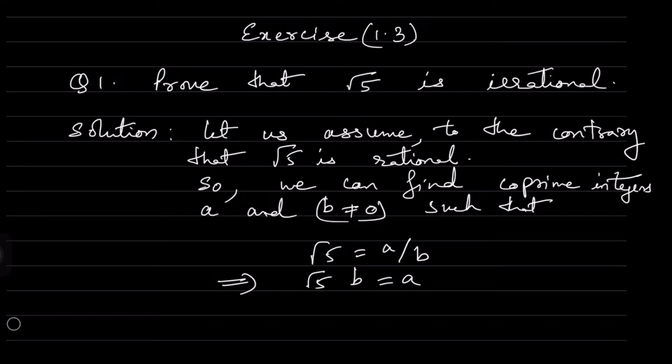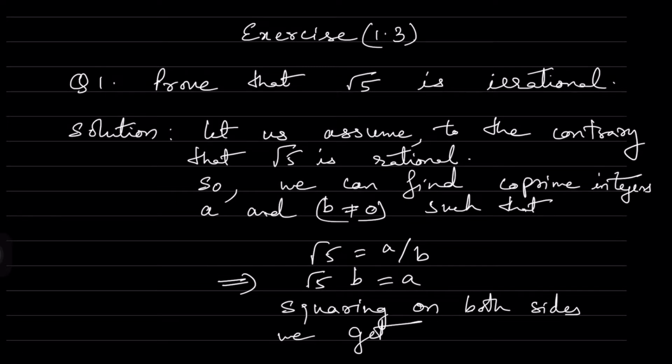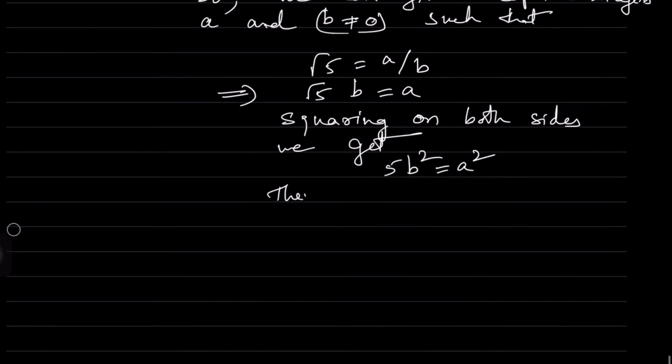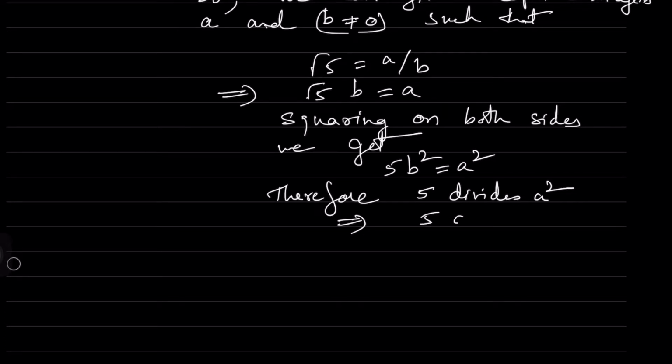Root 5 into b is equal to a, which implies if we square on both sides, we get 5b square is equal to a square. Therefore, 5 divides a square, and also we have 5 divides a.